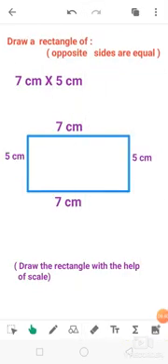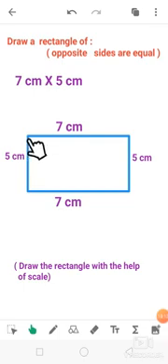Draw a rectangle of 7 centimeter into 5 centimeter. In a rectangle, opposite sides are equal. You have to take the bigger number for length and the smaller number for breadth.